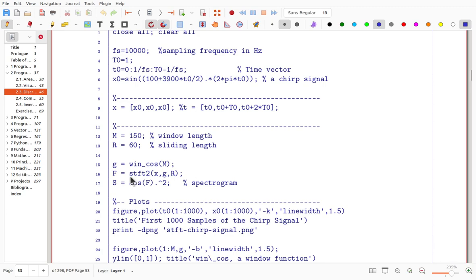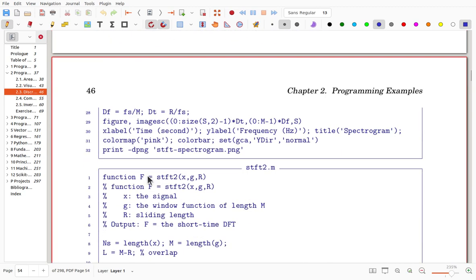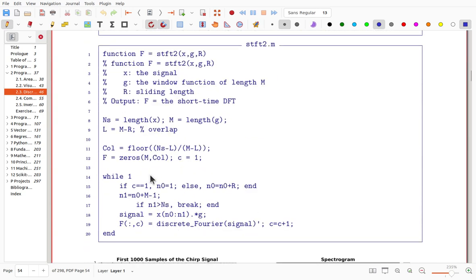Okay, let's see this one, implemented here, quite simple. And x is the signal, g is the window function of length m, and r is the sliding length, and f is the short-time discrete Fourier transform.